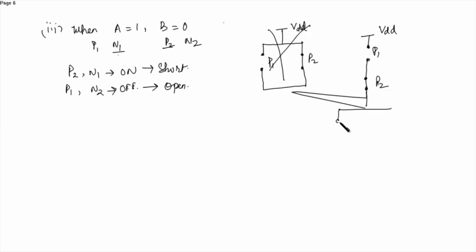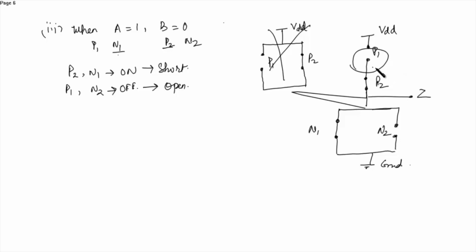N1 is on and N2 is off. So this is N1, this is N2. Because of this open circuit, this is the output side, this blocks the high voltage.